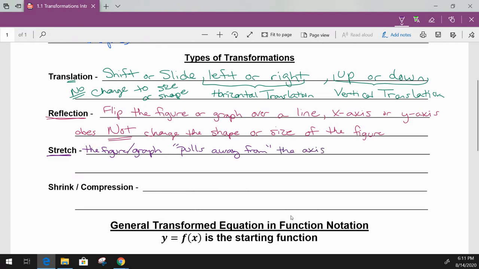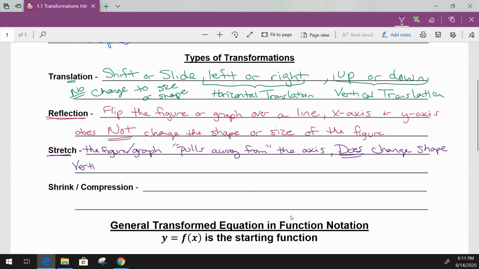And again, there are two different types of stretches that we're going to be looking at, horizontal and vertical. So it is now, again, going back to the changing the size and shape, this does change the shape of the figure.